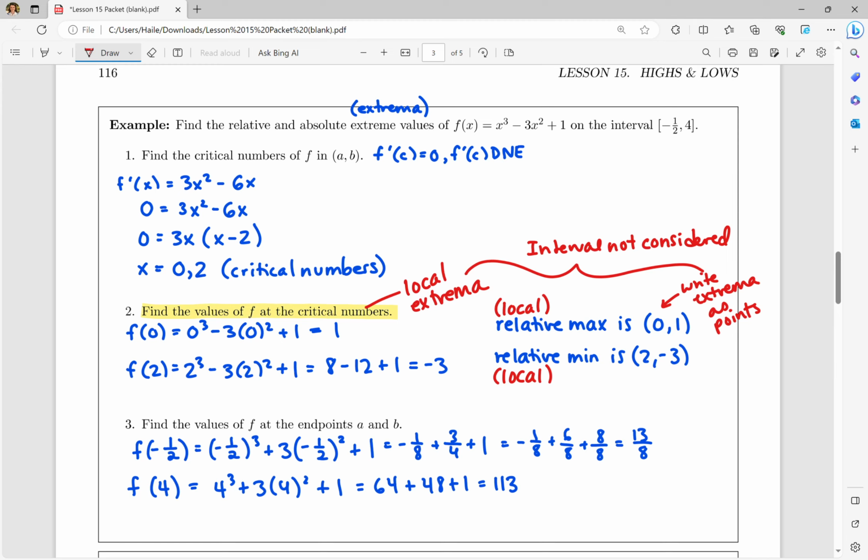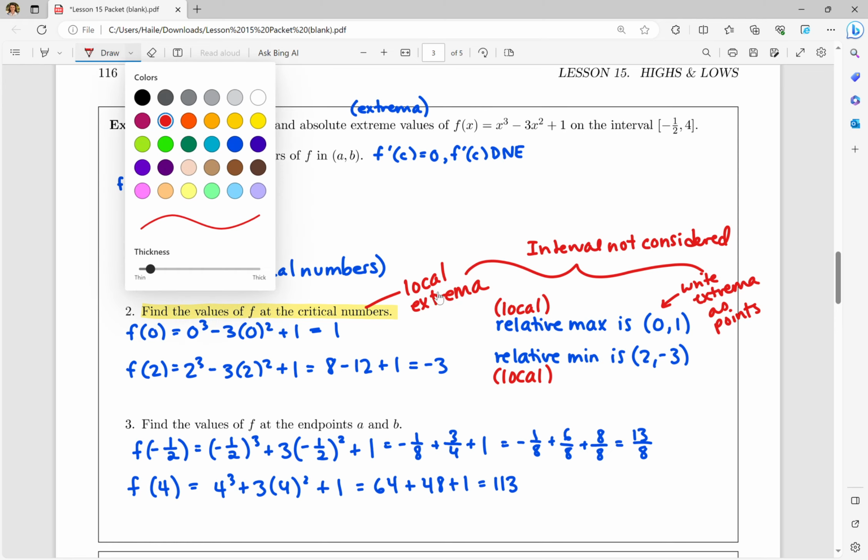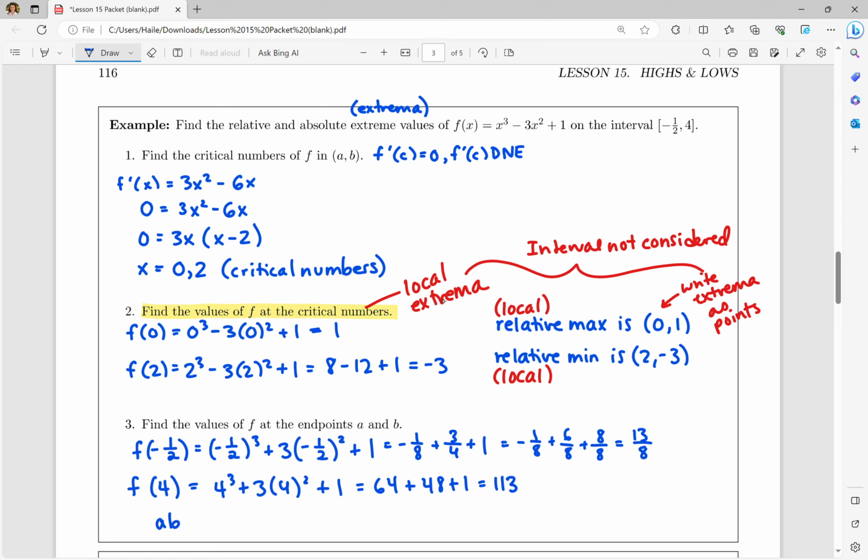We notice here that the 113 is a lot larger than that initial local maximum that we got. So our absolute max is (4, 113), because that's even larger than the initial maximum. Remember, for absolute, we're looking for the biggest thing possible on the graph.